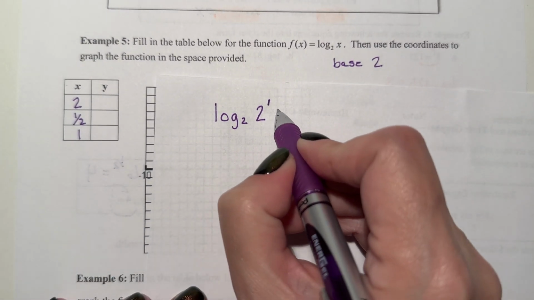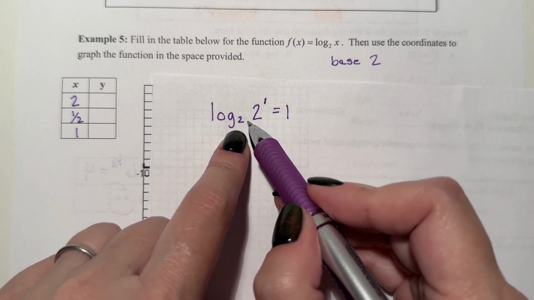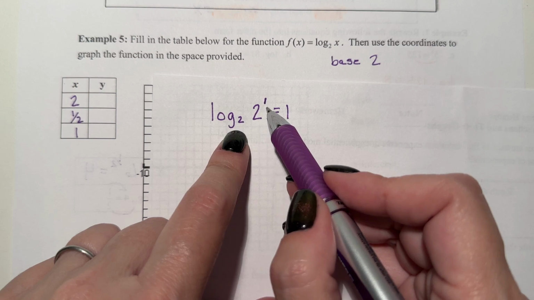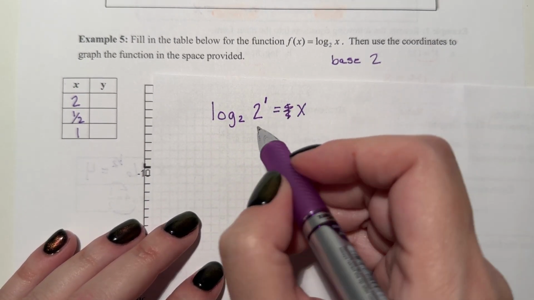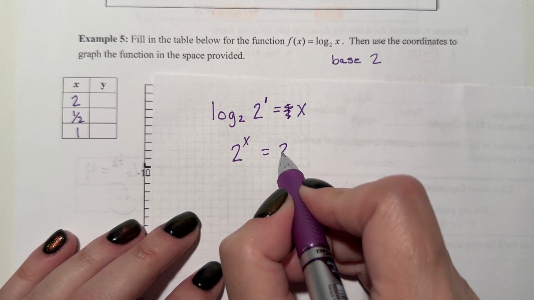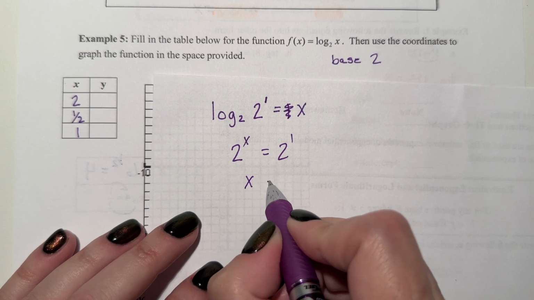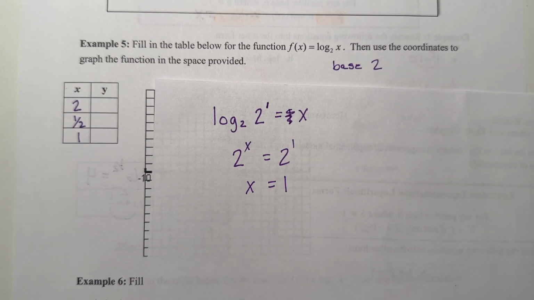So this is going to come out to be 1. Now what happens here is your logs are canceling out. Okay, now what if I didn't know what this was? I could just call it x. If I rewrote it in exponential form, this would be 2 to the x power equals 2 to the first. So x must be equal to 1, which supports our property and our assumption that we had right here before I scratched it out. Don't worry, you'll get the hang of it.